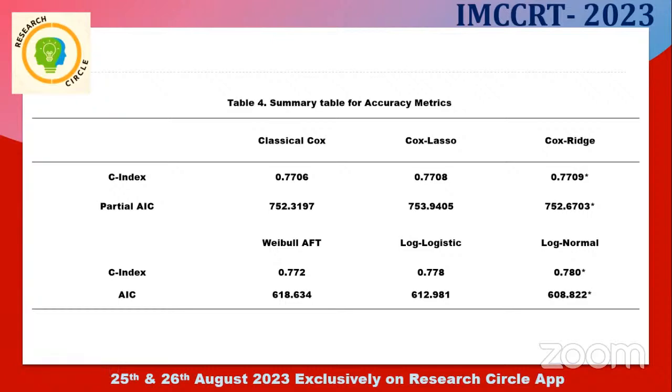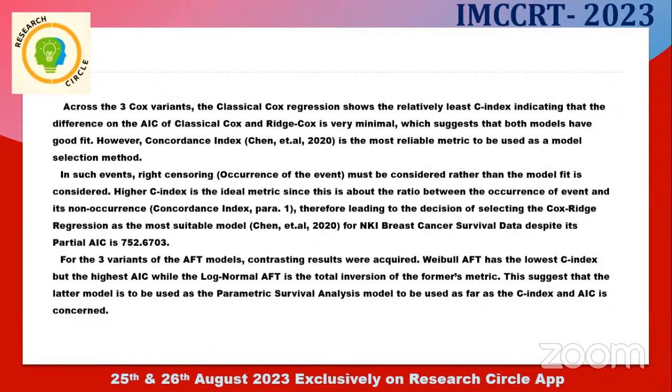Moving forward, this table suggests that we can use Cox Ridge and log normal in modeling the survival of our patients. So in such events, right censoring or the occurrence of the events must be considered rather than the model fit, which is basically shown by the partial AIC.